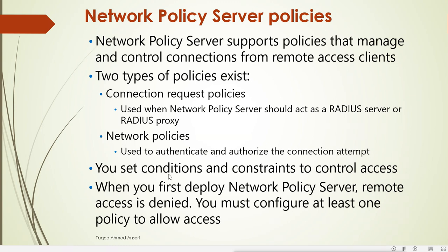You set conditions and constraints to control access, and when you first deploy the network policy server, remote access is denied, and you must configure at least one policy to allow access. It is denied when you configure the VPN or DirectAccess first, so the policy server denies all the service requests until you create a policy to allow the request.